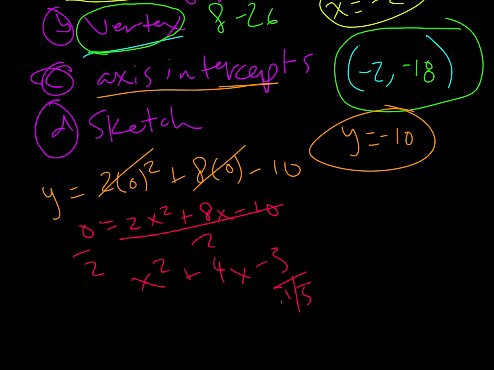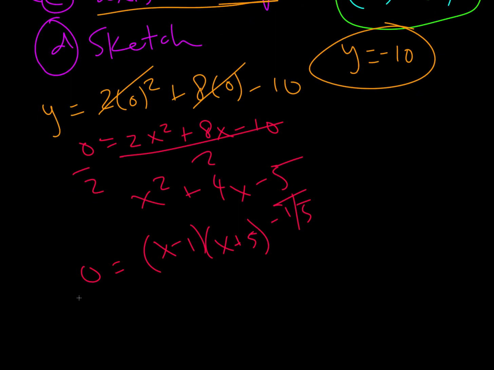So if we do a negative right there, that's a 5 by the way. So we get x minus 1, x plus 5. This is still set equal to 0. So we can set each of these equal to 0.